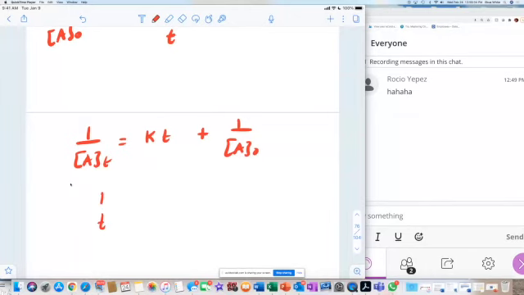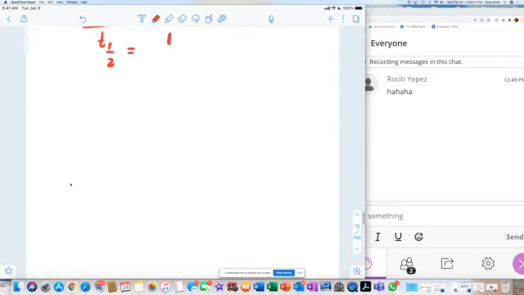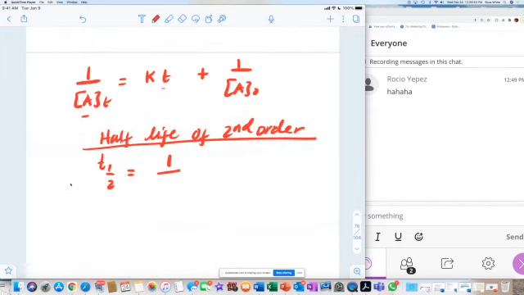The half-life of second order, as before, you're replacing this and this, the half-life is going to be equal to 1 over k times the initial concentration of a.